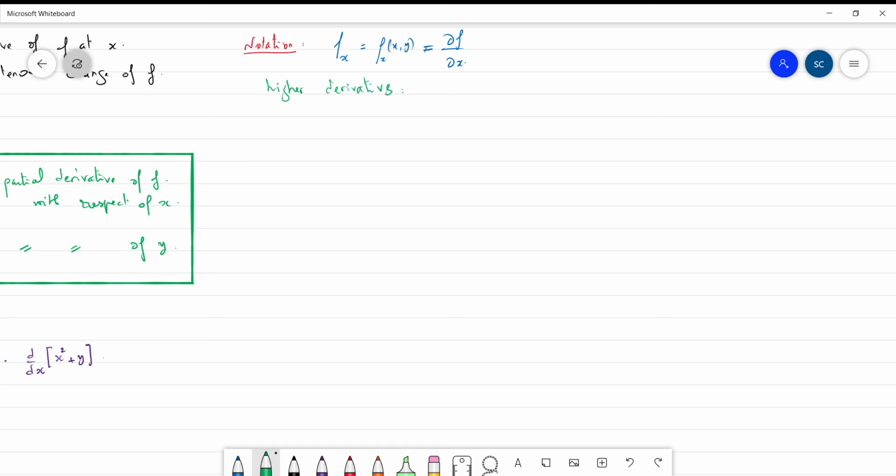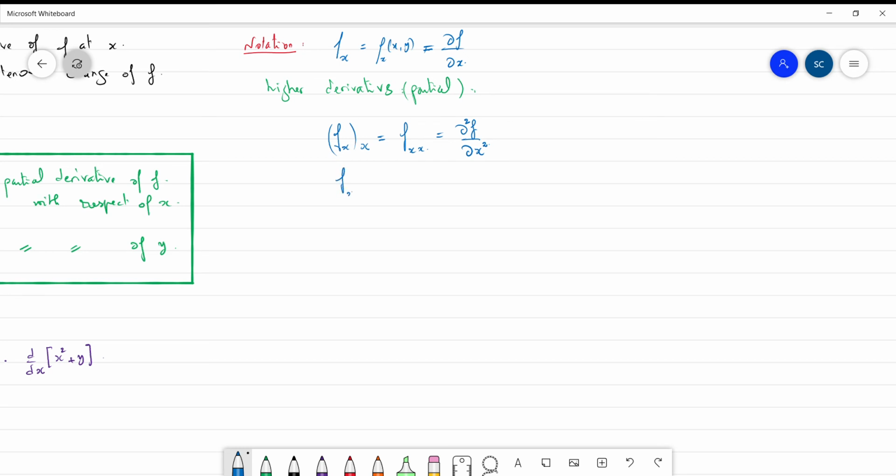So I can obtain, if I choose fx and derive it with x, I will denote it fxx, or also the second derivative of f with respect to x two times. This is how we denote it.